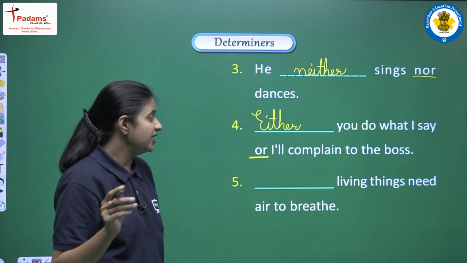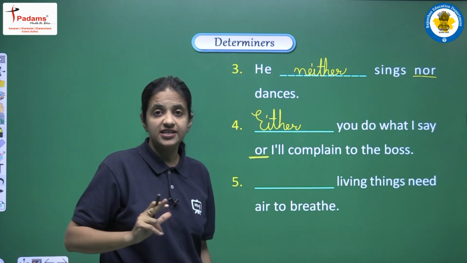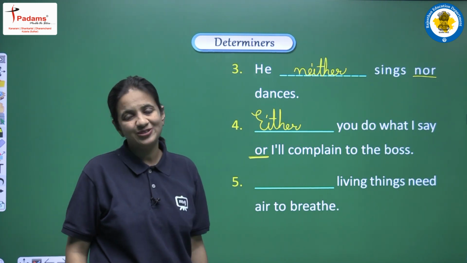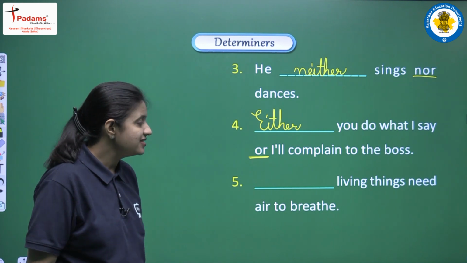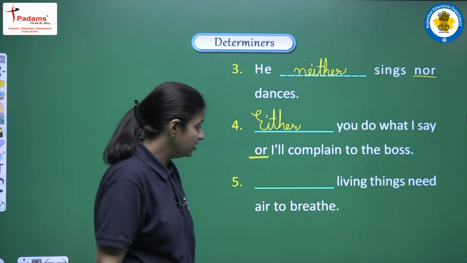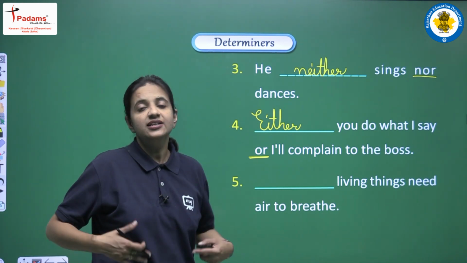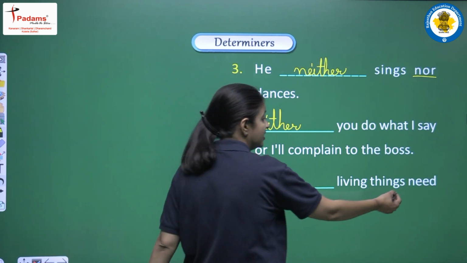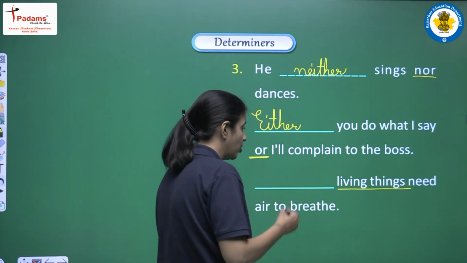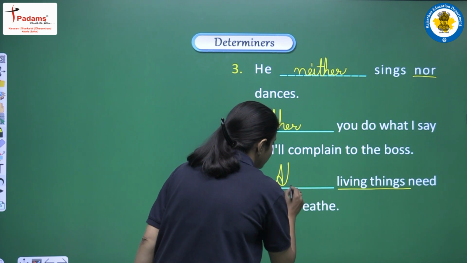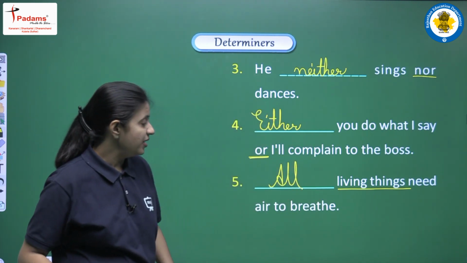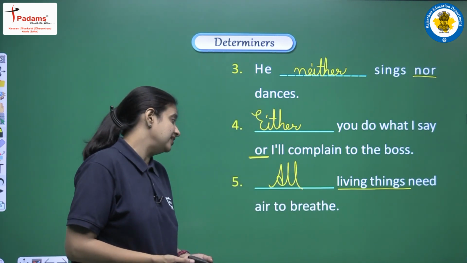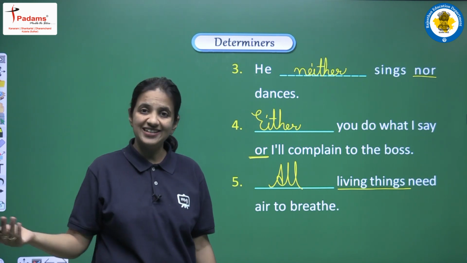And the sentence will be, either you do what I say or I will complain to the boss. Next is, blank living things need air to breathe. So it's a very general thing, and we are having things, a plural noun here. So yes, here our answer will be all, and the sentence will be, all living things need air to breathe.